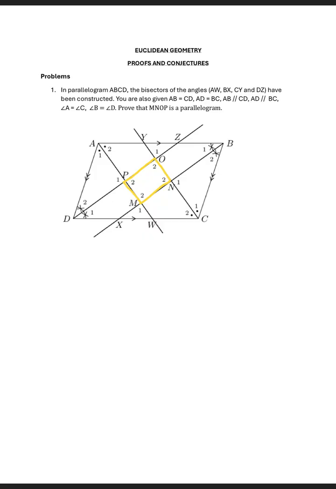We're gonna say in triangle APD and triangle BNC, these are the triangles that I'm referring to. Then the other one is this one.